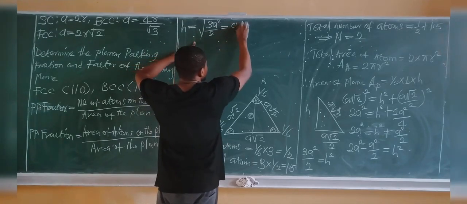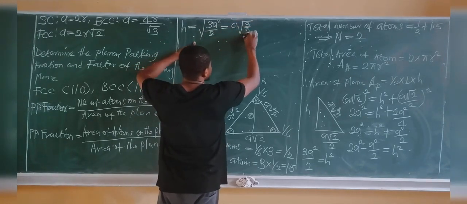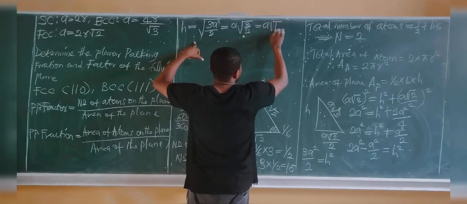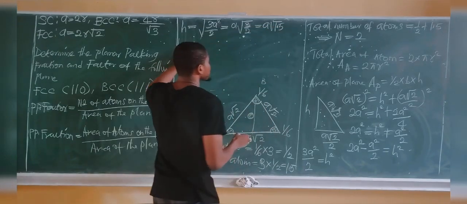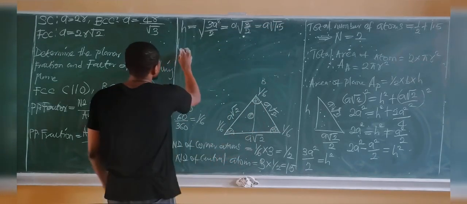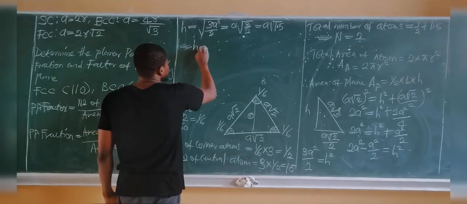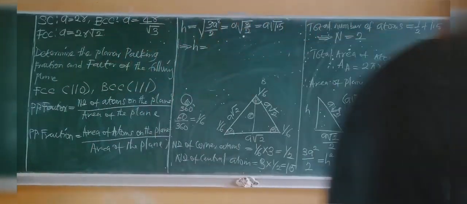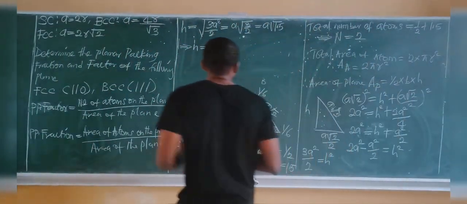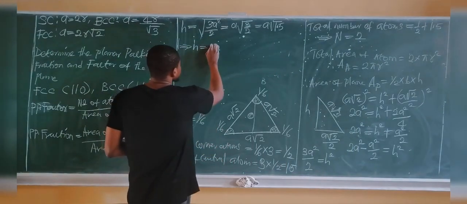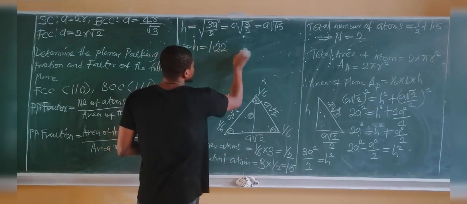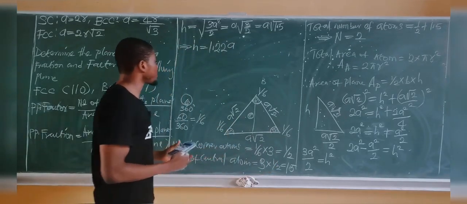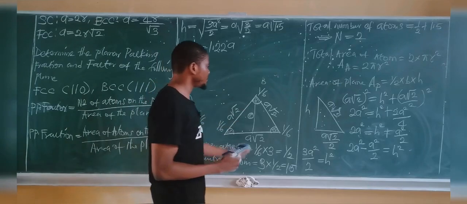This becomes a root 3 all over 2, and 3 over 2 is 1.5. This actually becomes a root 1.5. So all we need to do now is compute the value of root 1.5. This implies that the height is now equal to, let's find out root 1.5. So root 1.5 gives us 1.22, then we'll append our a to it, so it becomes 1.22a. So this becomes the height of this plane.